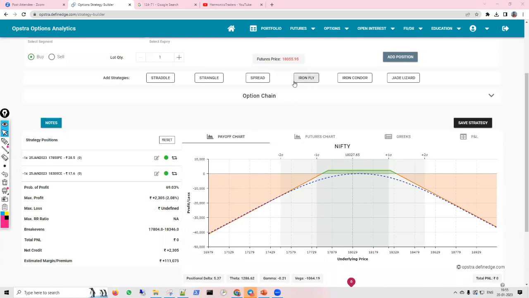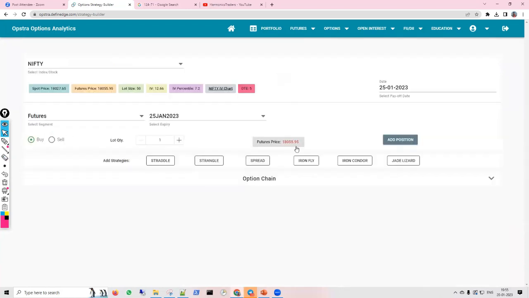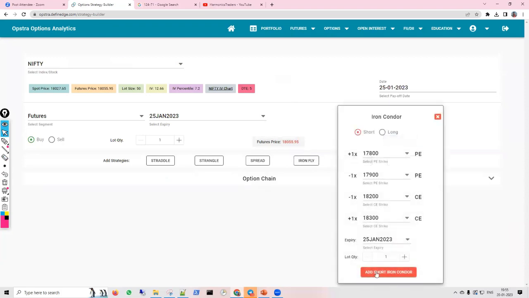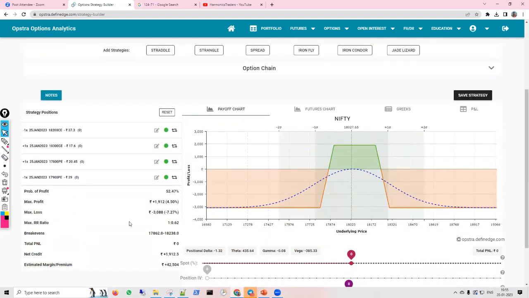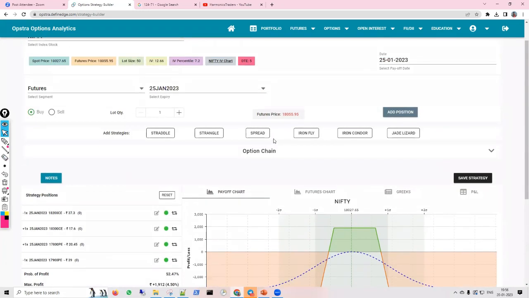With these strategies, in the iron condor, the loss comes limited. With a strangle, once you initiate it and buy the out of the money call and put, that becomes a condor. So these things we can discuss in the upcoming session.